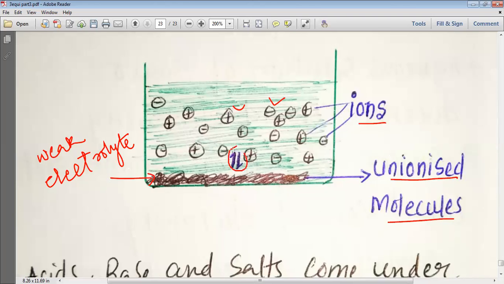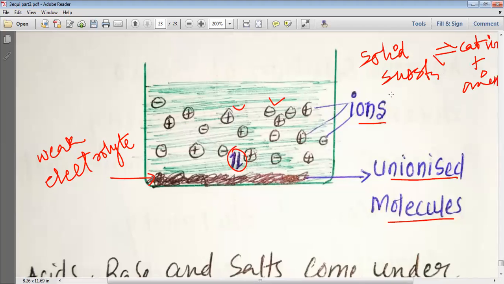There will be an equilibrium between these ions and the undissociated substance, that is, between the cation plus anion and our solid substance.